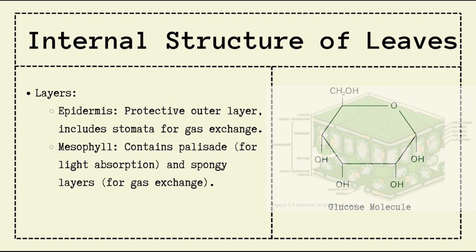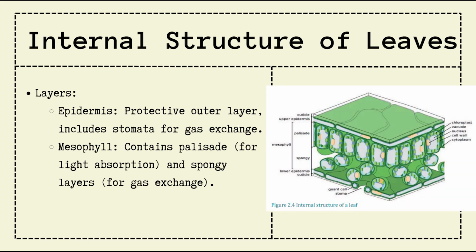Internal structure of leaves. Inside the leaf, we have layers that serve different purposes. The first one is the epidermis. The epidermis is the outer layer that protects the leaf. It also contains stomata, which are tiny openings for gas exchange. The second one is the mesophyll layer, which contains two parts, the palisade cells and spongy cells.